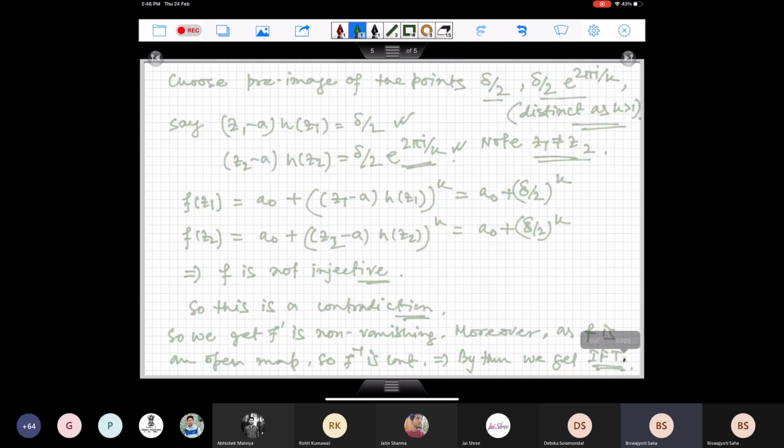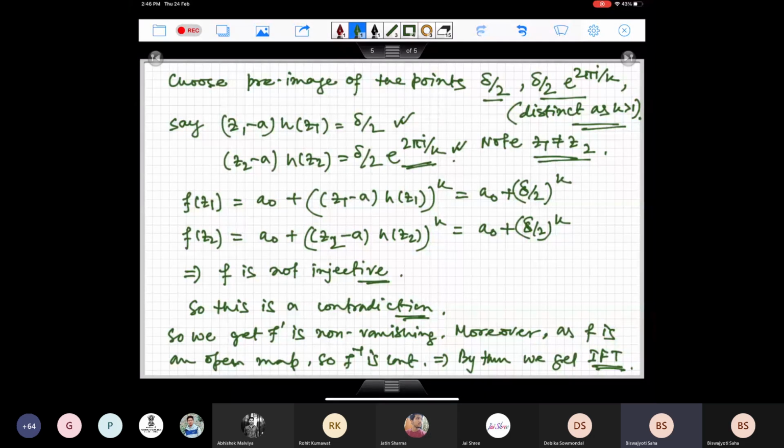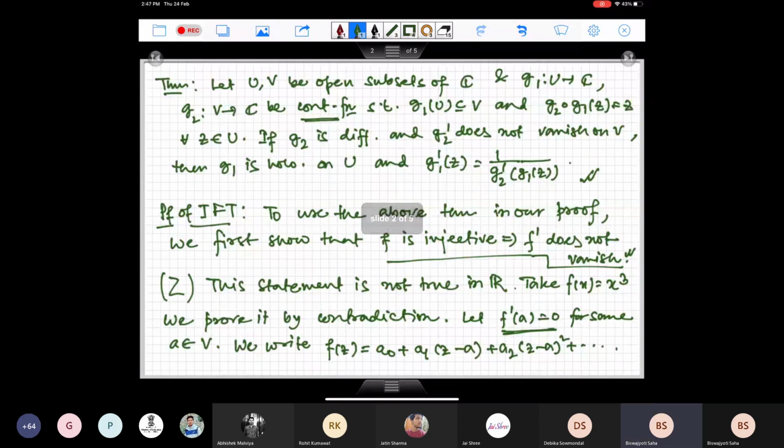I had really taken a minimal hypothesis, namely the function being injective, and then I showed that if I take an injective function, then I get the derivative to be non-vanishing, and then I get the inverse function theorem using this more general theorem which we had.